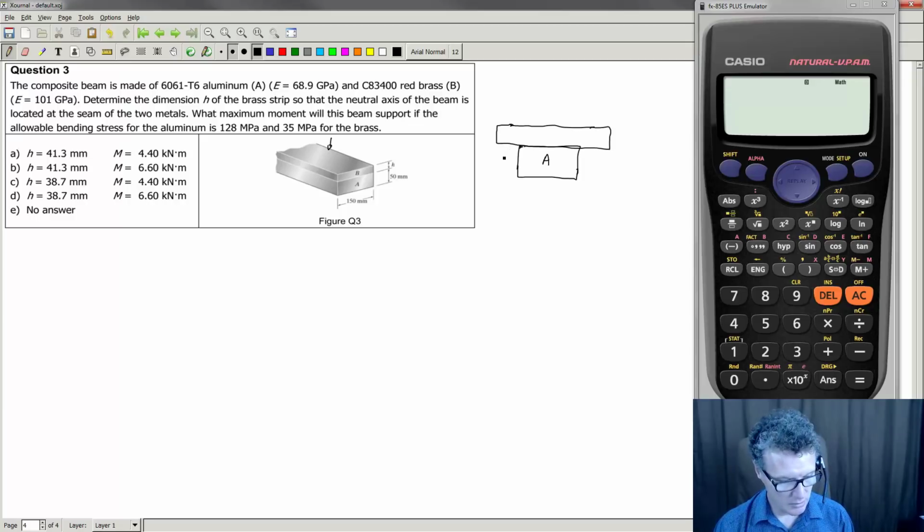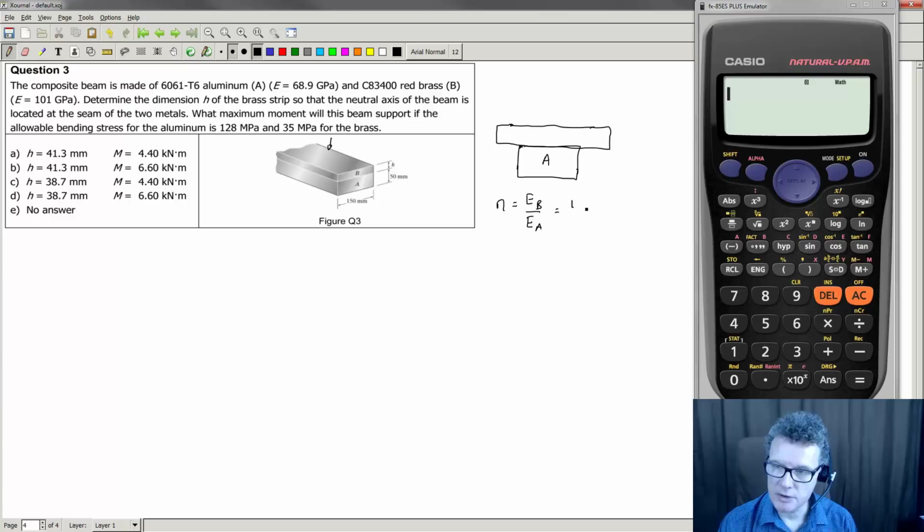So on my diagram, I am going to use this n factor term, which relates the Young's modulus of brass against the Young's modulus of aluminium.